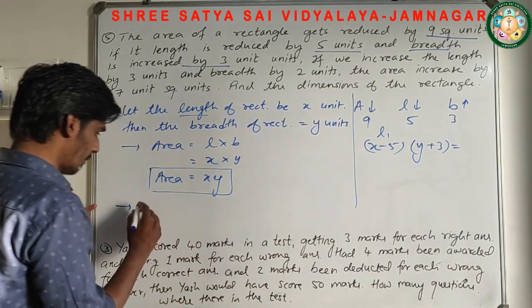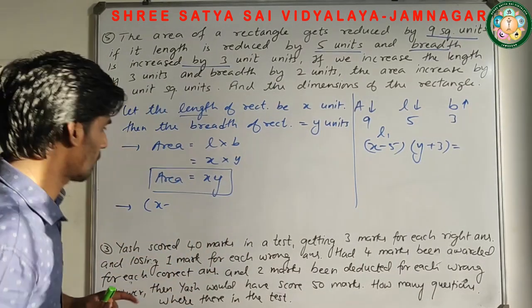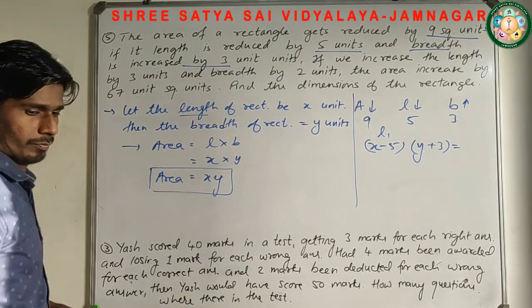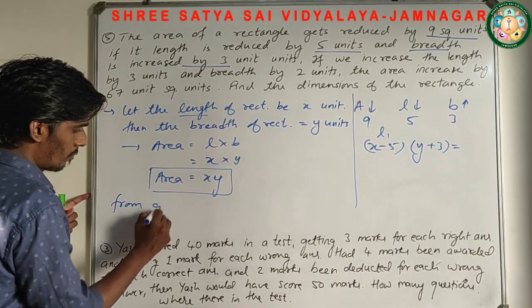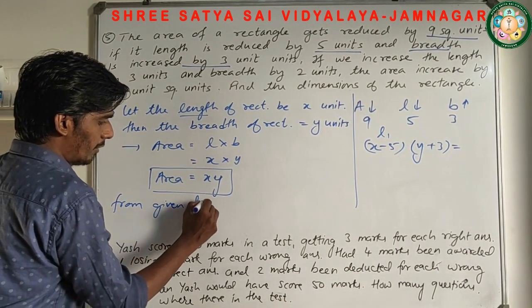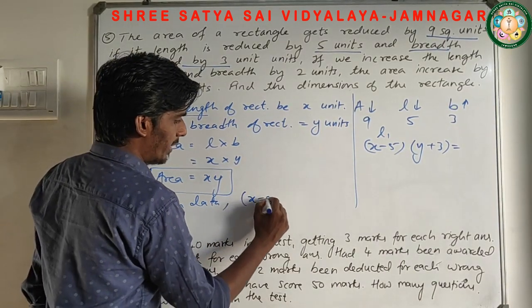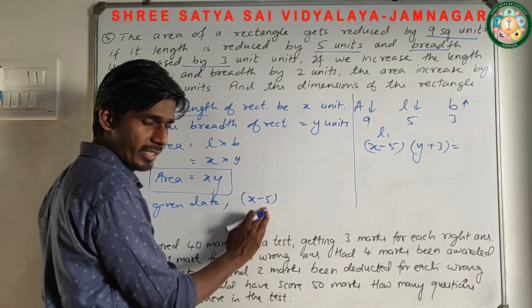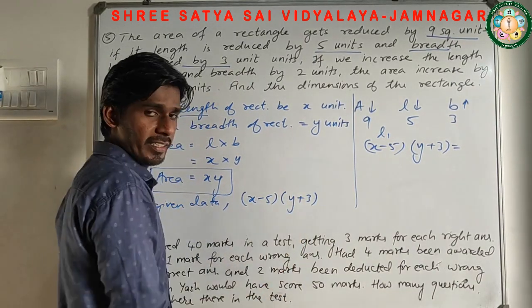Now let's form it. From the given data, x minus 5 because length is decreased by 5, breadth is increased by 3.